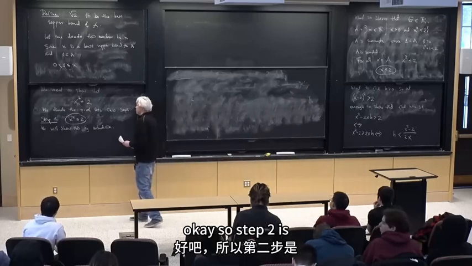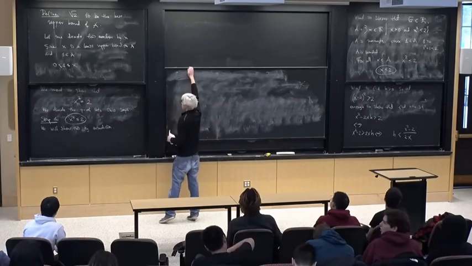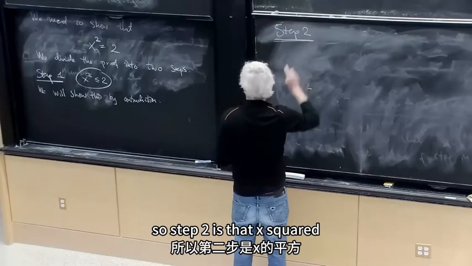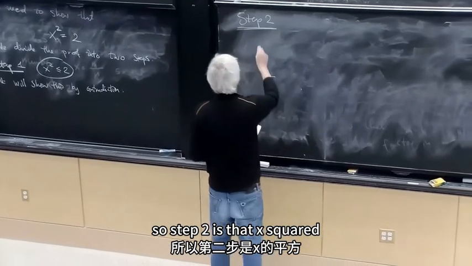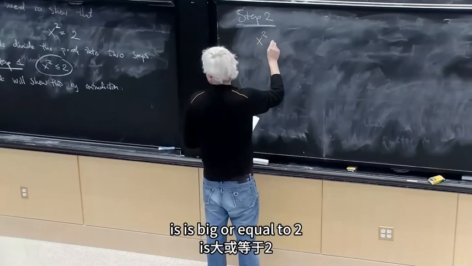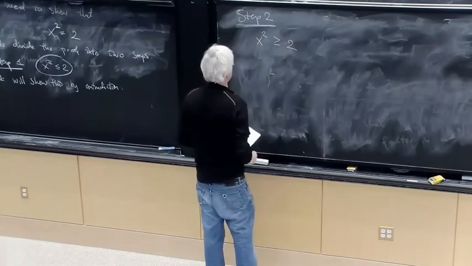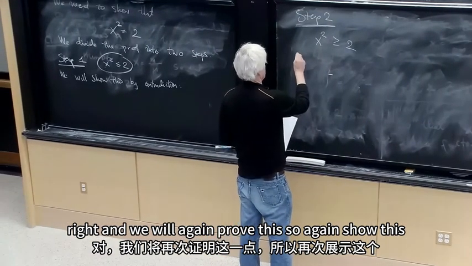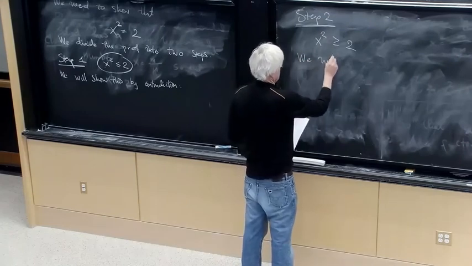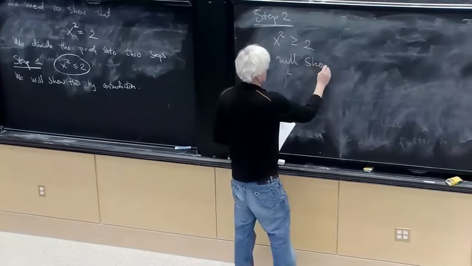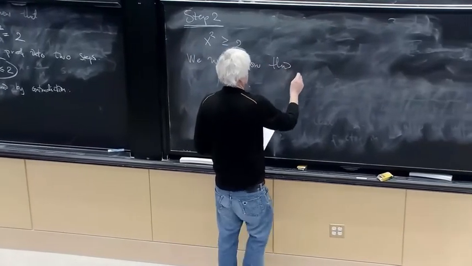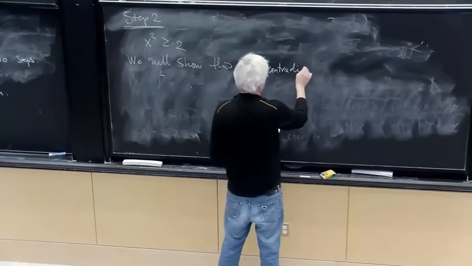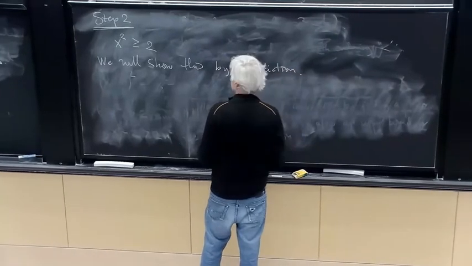Okay, so step 2 is that x squared is bigger or equal to 2, right? And we will again prove this by contradiction. Okay.